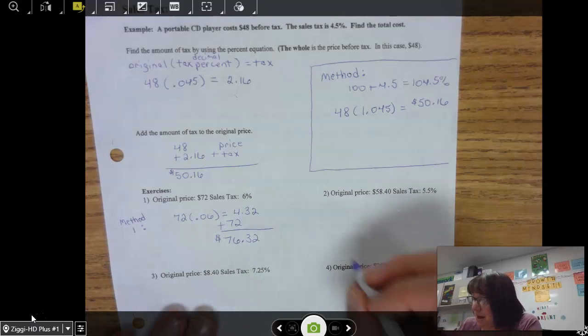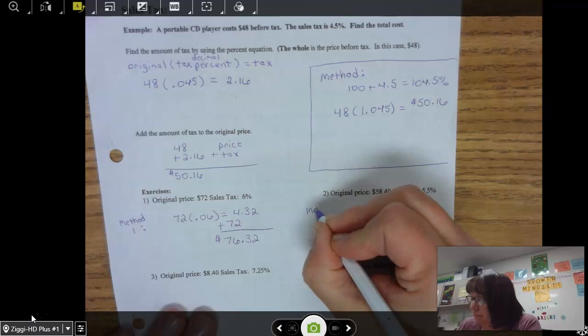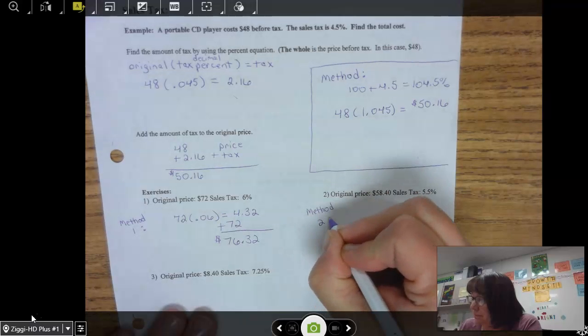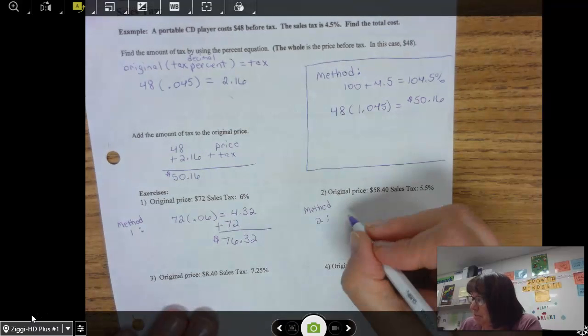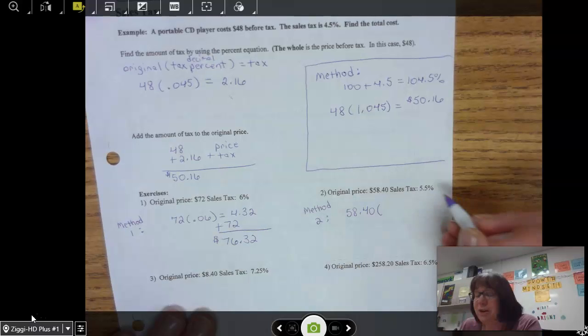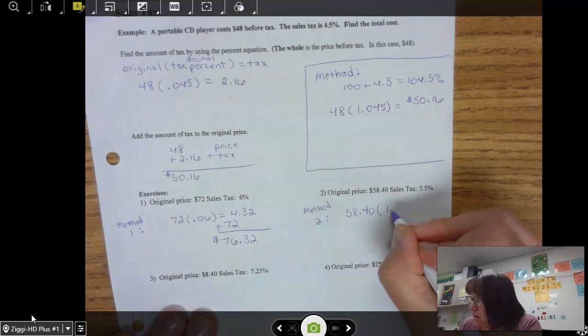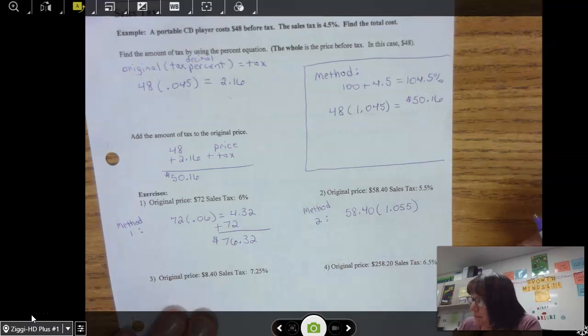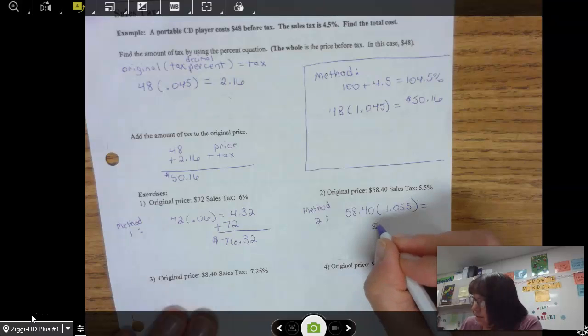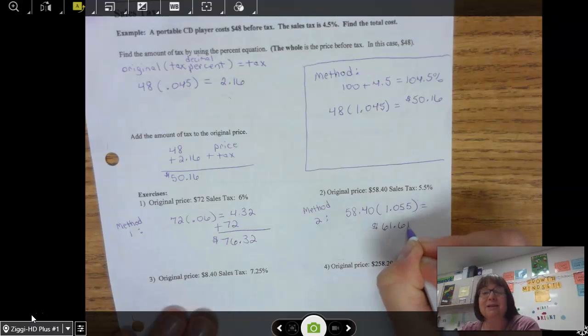All right, this time I'm going to use method 2. I'm going to take my price, $58.40, and I'm going to multiply by 105.5%, which would be 1.055. And when I multiply, I get $61.61.